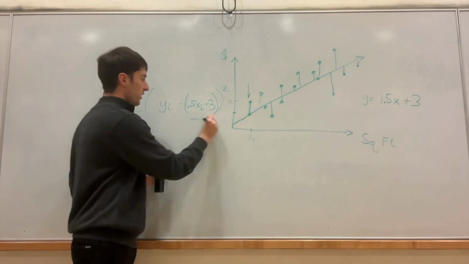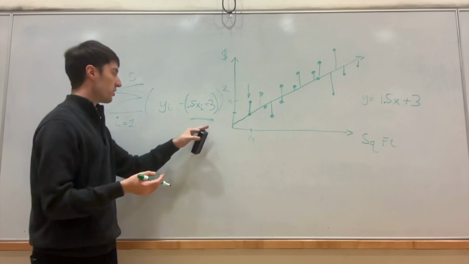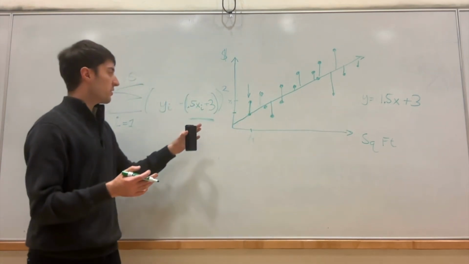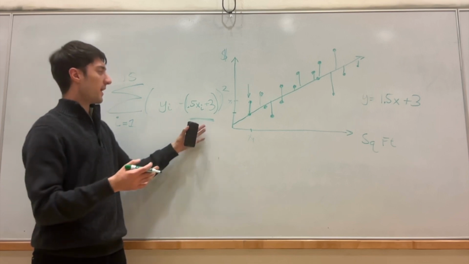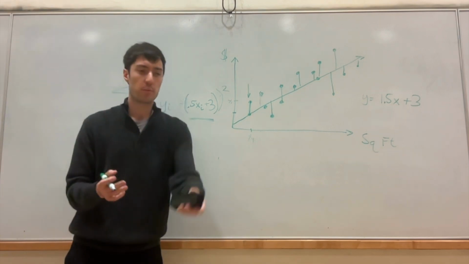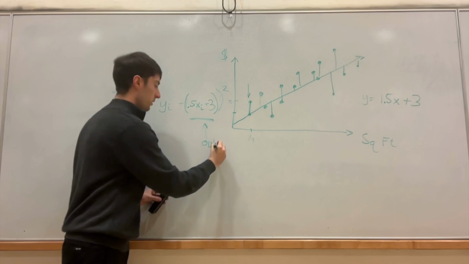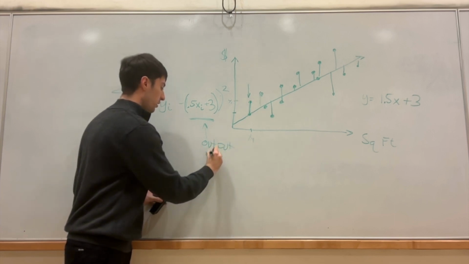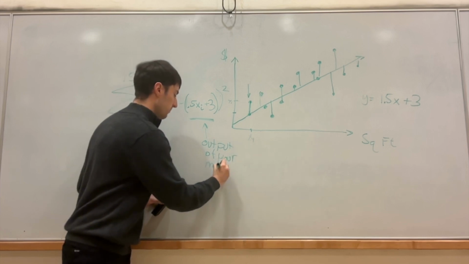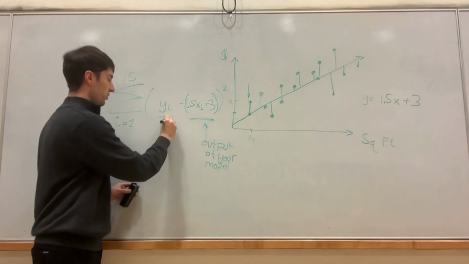So this right here is going to be produced by your model. You won't actually have to have an actual equation. You just need to be able to get some output, right? Your model will produce an output, and that's what goes here, the output of your model, okay? This right here is given to you.